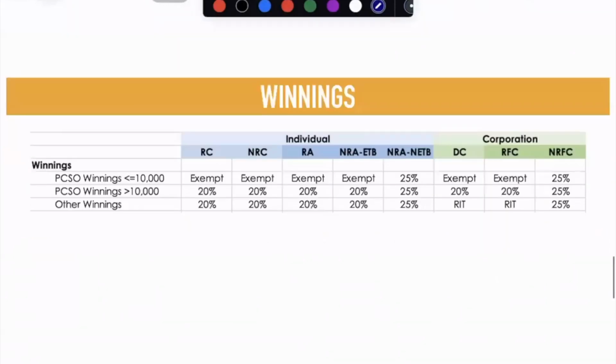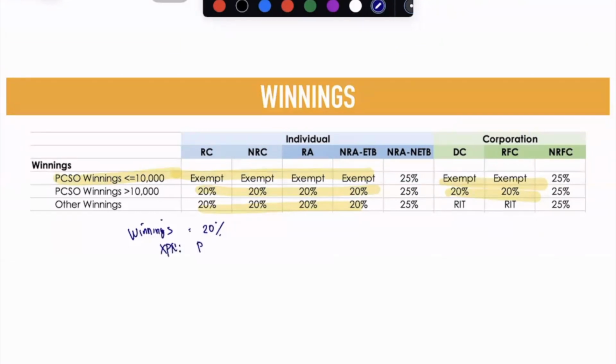Next, for winnings. For winnings, if the PCSO winnings is less than or equal to 10,000, it is exempt. But if the PCSO winnings is more than 10,000, it is now taxable at 20%. Other winnings, 20%. So as a rule, winnings, 20%. What is the exception?